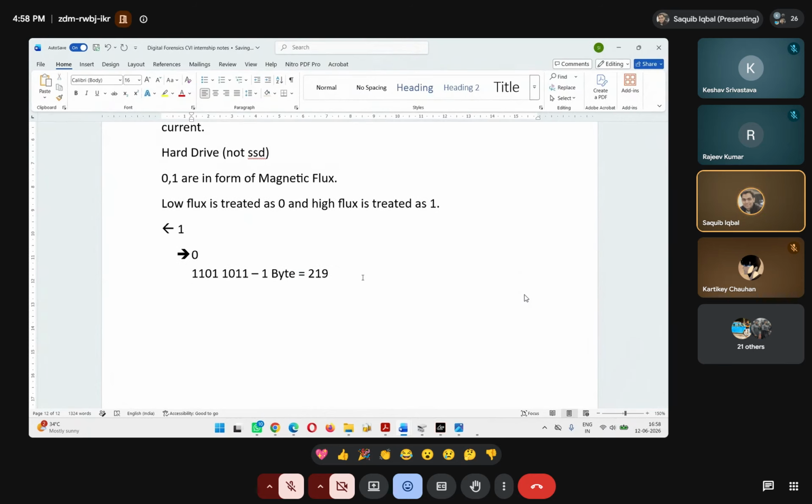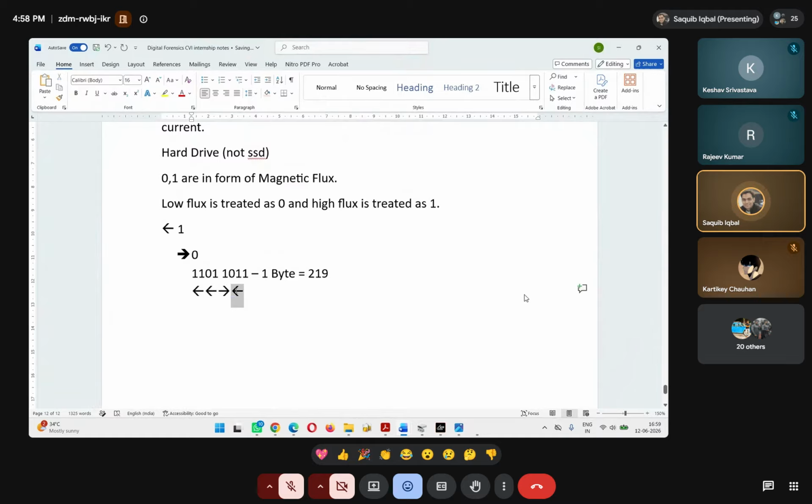So let's say this is how it goes: this one, and then this one, and then this one, and then a change in direction. This is how magnetic flux is stored.